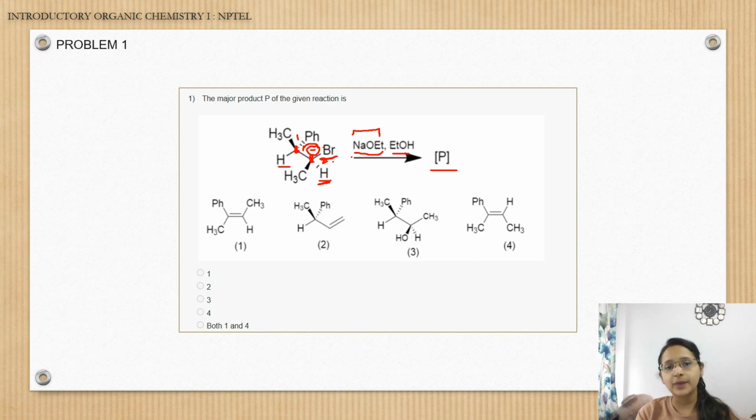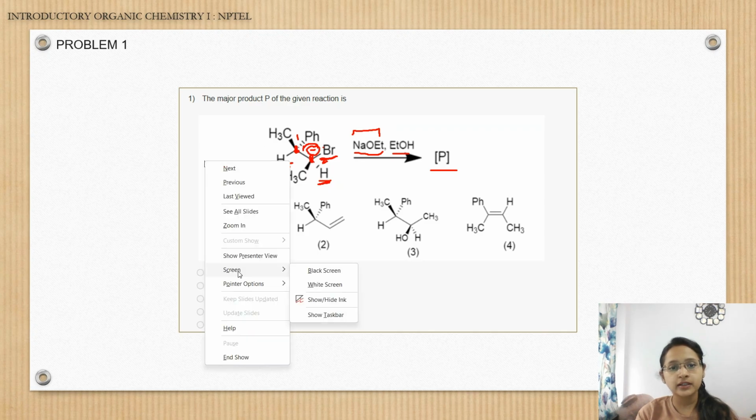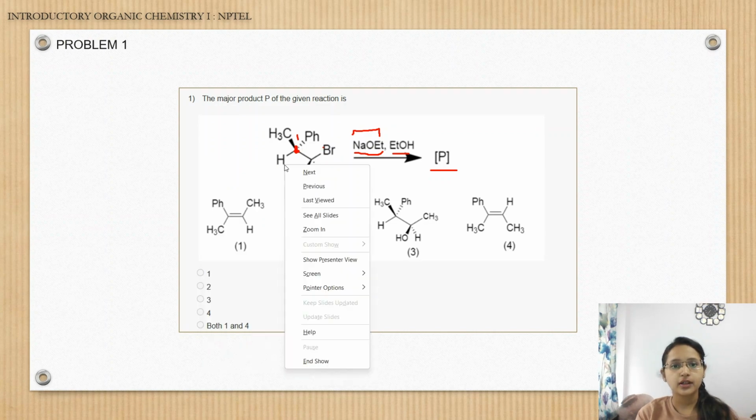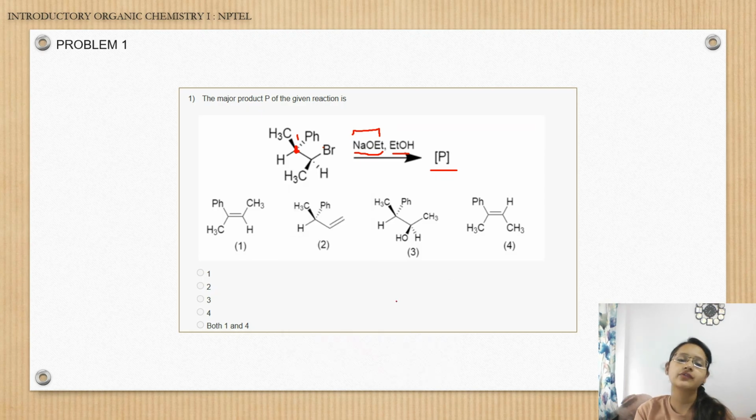You will end up having only hydrogen abstraction. So it is clear that carbon number 2 is not going to give you the proton you needed, because no further elimination will be possible if you abstract the proton from carbon number 2.